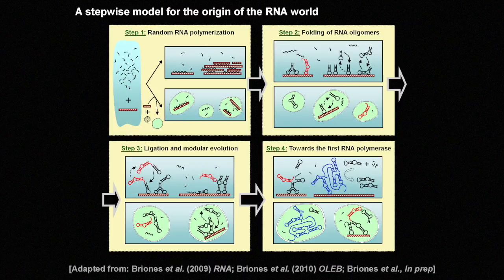So you produce short oligomers, you combine them, and you make the puzzle that can allow you to go to the final polymerase.